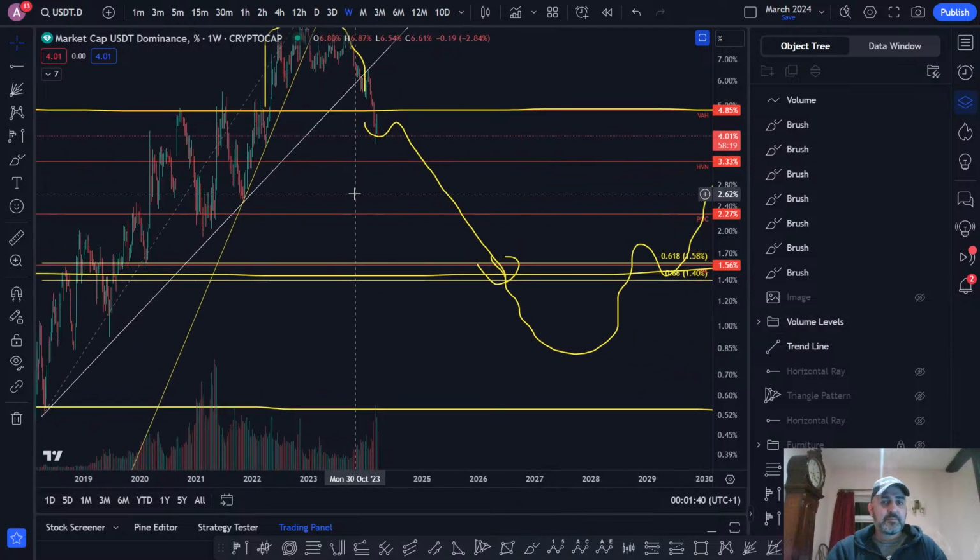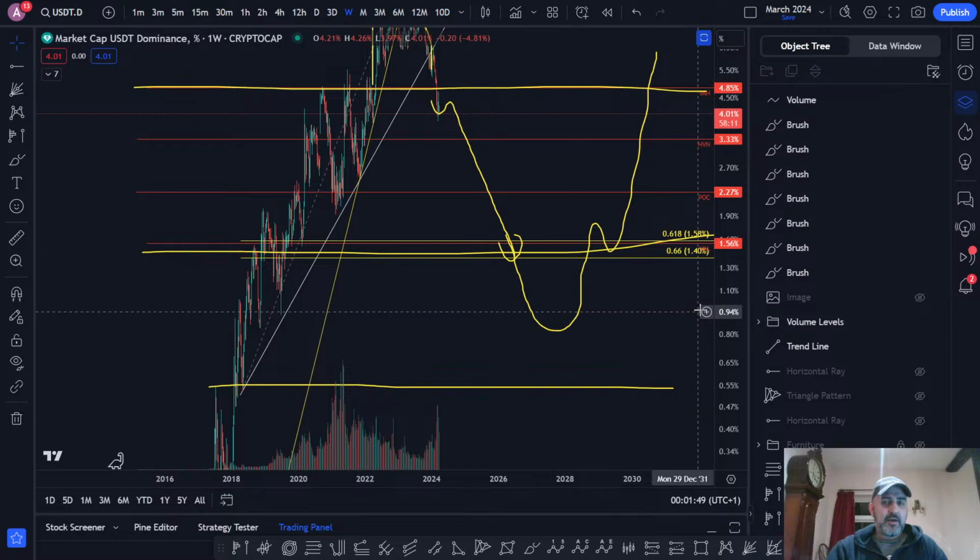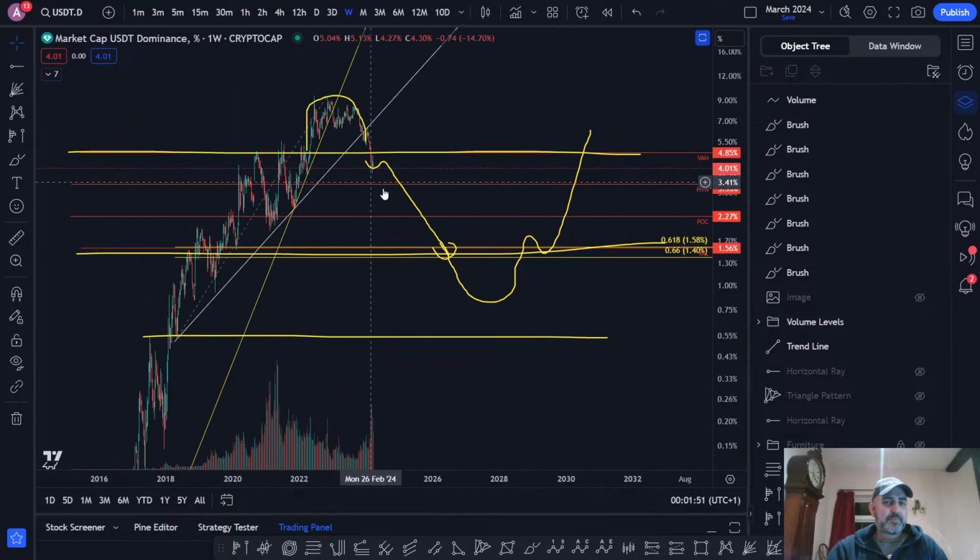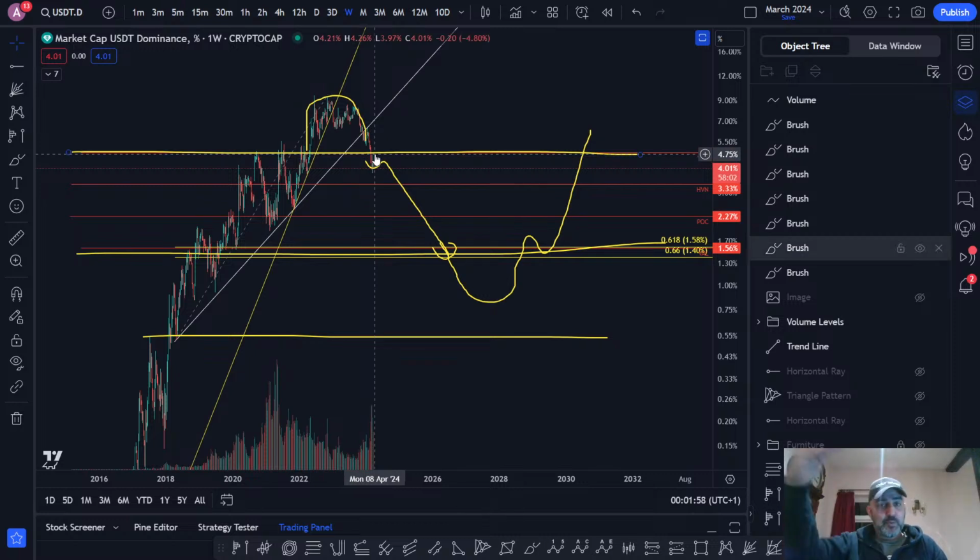Why wouldn't it? It's just not going to go in a straight line. And then probably all the way down to the value area low as well. That's probably what's going to happen, because once you're in the value area, you're heading to the other side. You're in your range bound. You're going from one side of the range to the other side. That's what happens.